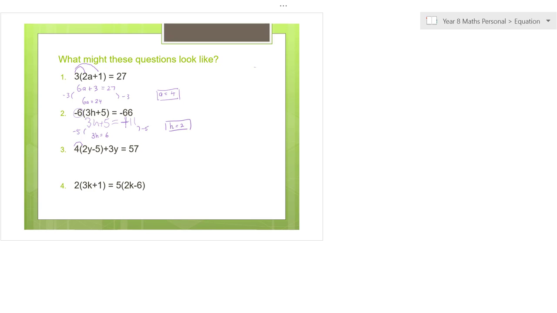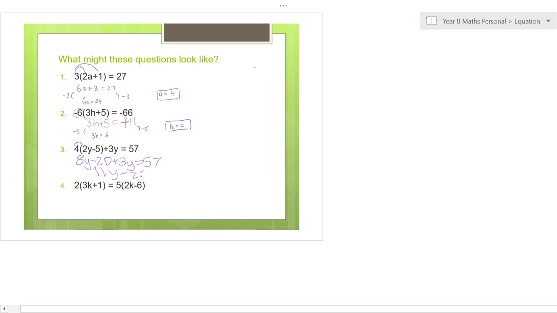Explain what you're doing. So 4 times 2y equals 8y. And then 4 times negative 5 equals negative 20. And then you just add the plus 3y, and the 57. So what we want to do is collect like terms. 11y minus 20.